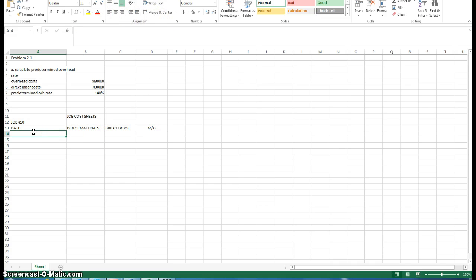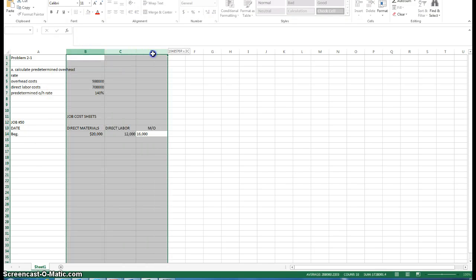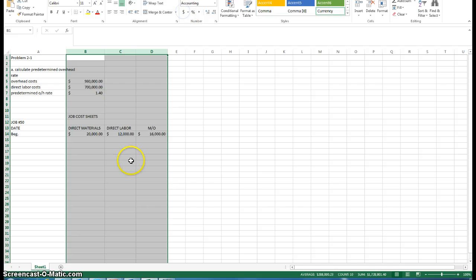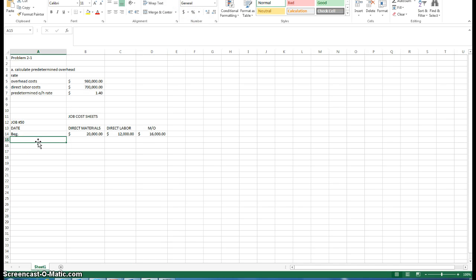As we begin the period of January, going into January, it told us the direct materials, $20,000, the direct labor, $12,000, and the manufacturing overhead of $16,000. It provided us with that information going into January. So we're putting that information in.